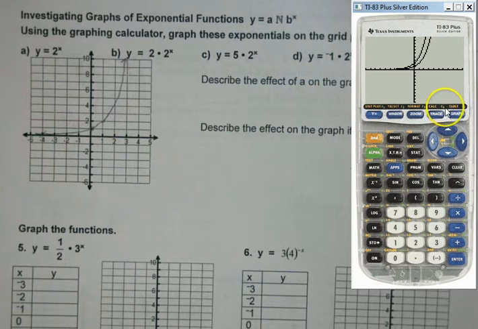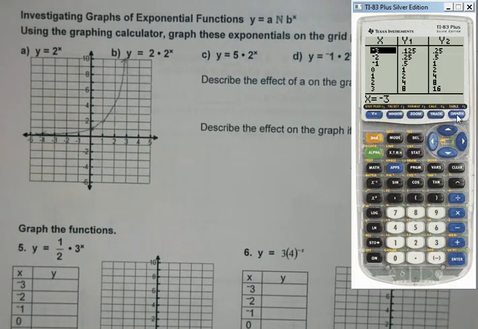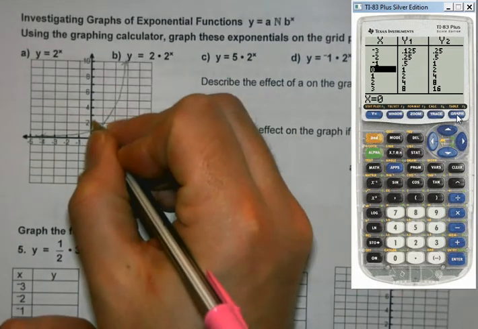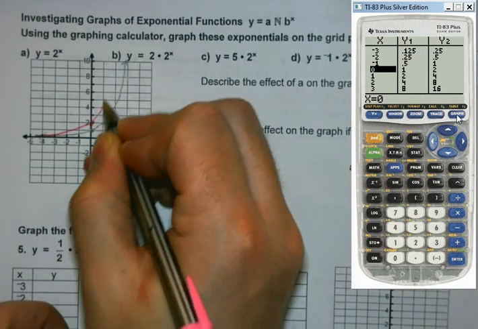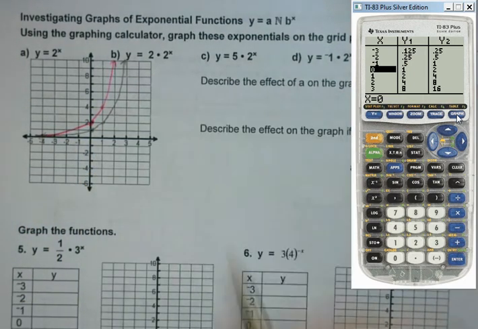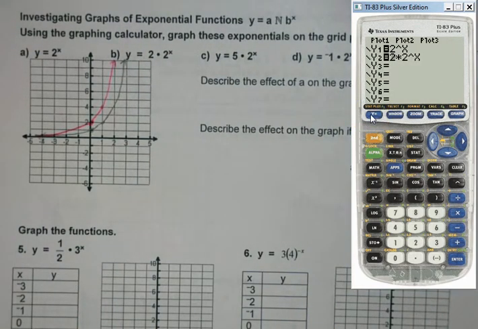The intercept now, if I take a peek, okay, for my first graph is at 1. Now my intercept's moved to 2. That's interesting. I wonder if that has anything to do with this 2 that's out front. Yeah. Well, let's find out.